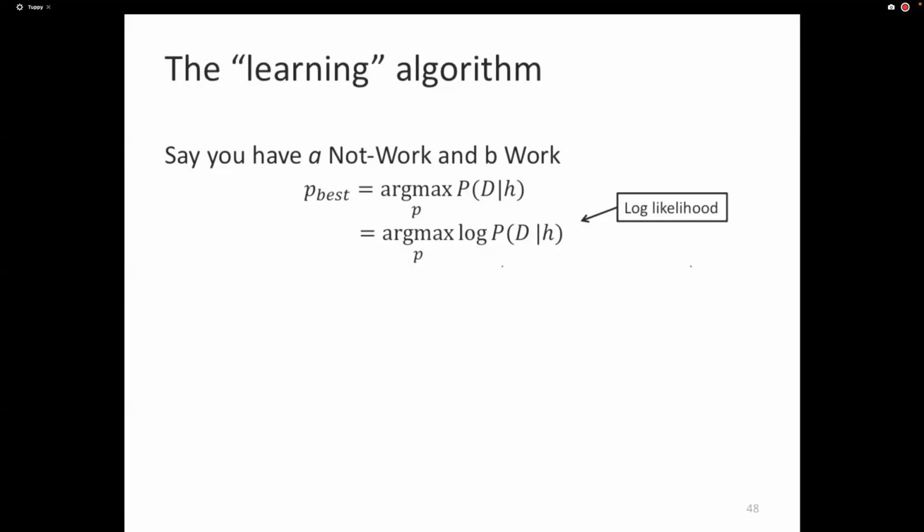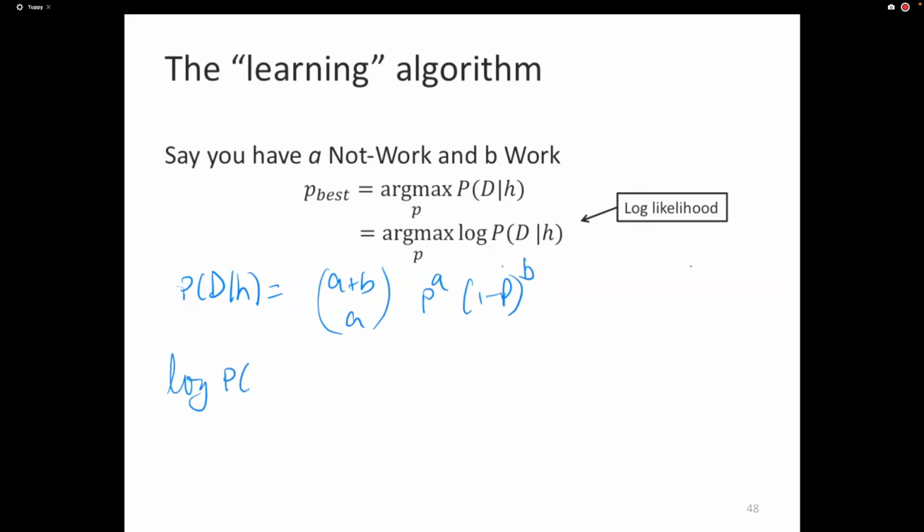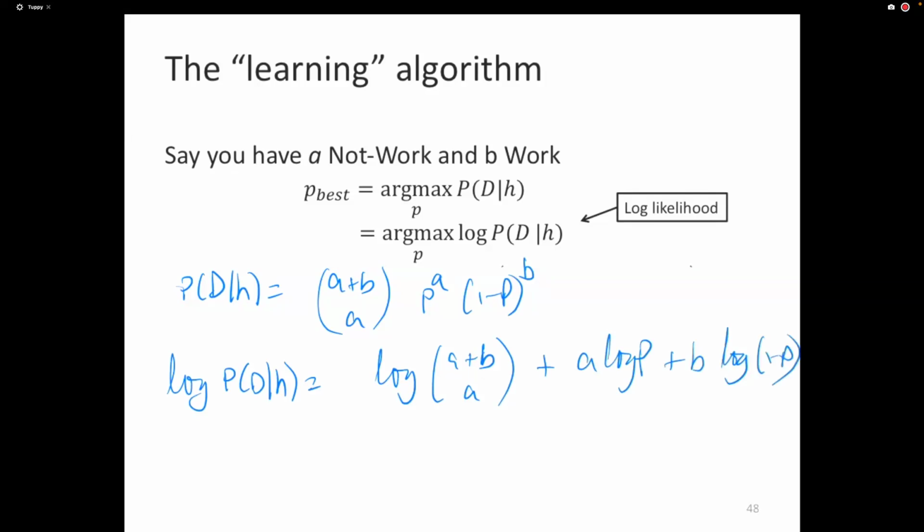So we know that P of D given H is A plus B choose A, times P to the power A times 1 minus P to the power B. That means the log of this quantity is log of A plus B choose A, plus A log P plus B log of 1 minus P. I can now take the derivative of this whole expression with respect to P. A and B are your observation.